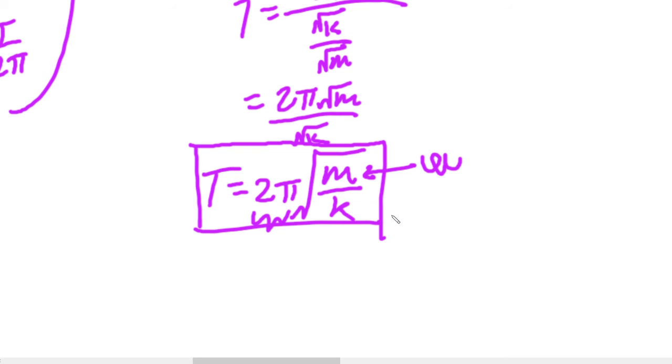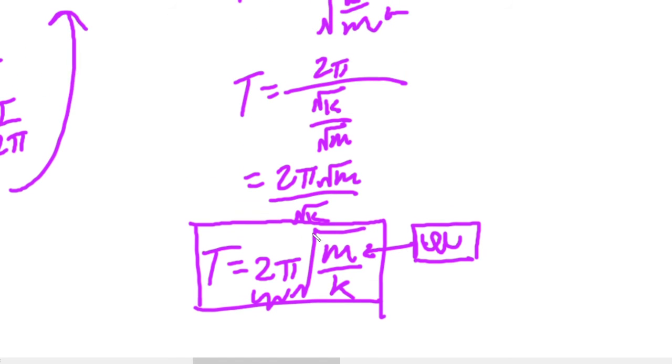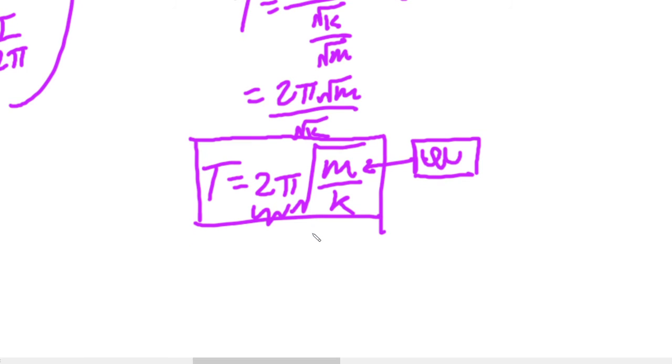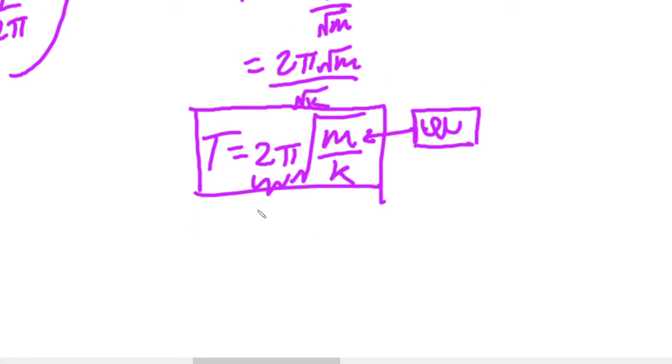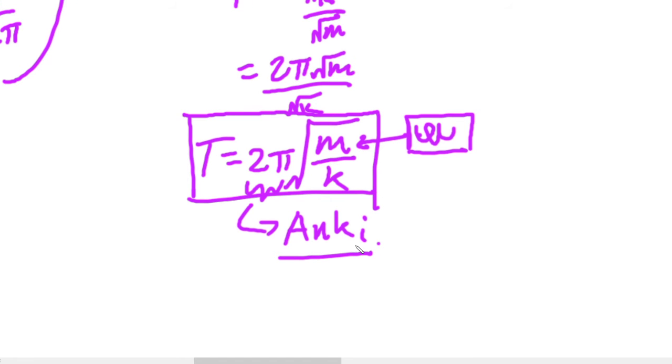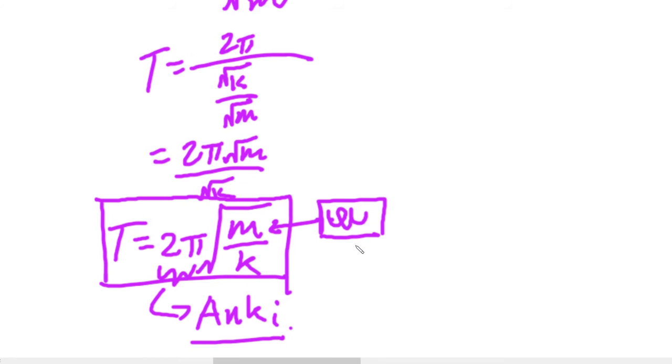And since the spring is the most important part of the mass spring system, this is on top and k is on the bottom. But really you could make up your own thing that might help you memorize this, or you can straight up put it into Anki or another flashcard software to memorize it completely.